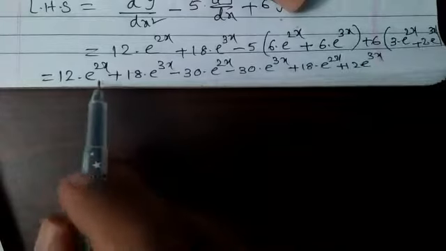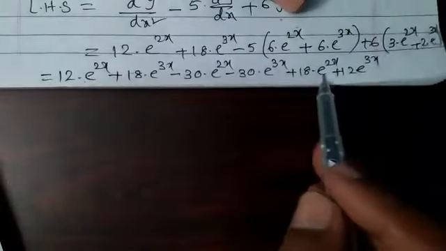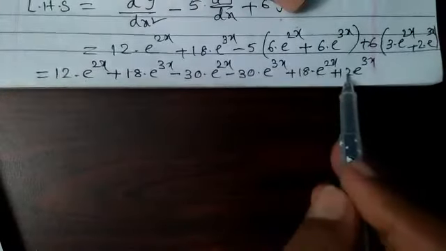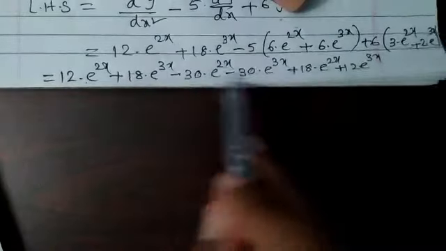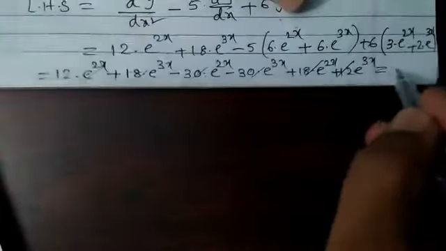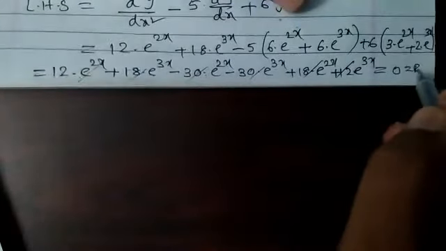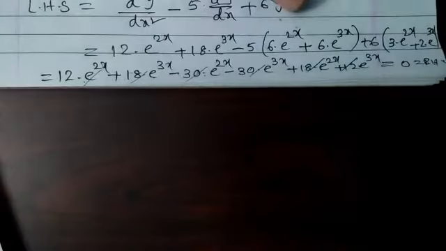If you observe clearly, 12, 18, 30, 12, 18, 30, minus 30s, all will cancel. The answer is 0, which is equal to RHS.